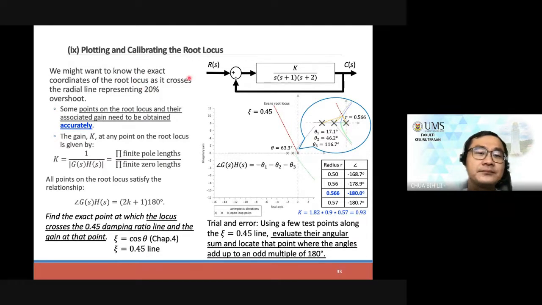Why we need to plot and calibrate is to get some interesting points during our design later on, right? So we might want to know the exact coordinate of the root locus, for example, when it crosses the radial line representing 20% overshoot. We already learned that there is a relationship between the overshoot and the positions, with the imaginary axis or the radial lines and so on.